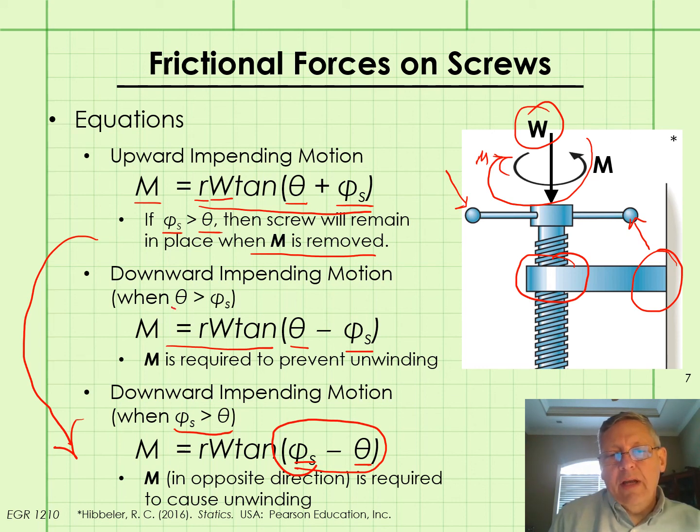In other words, the lead angle is going to be greater than the angle of static friction. If the lead angle is greater than the angle of static friction, you're going to have an unwinding case when there's no moment applied to the screw. And when the angle of static friction is greater than theta, then the screw is going to be self-locking and will not unwind on its own.